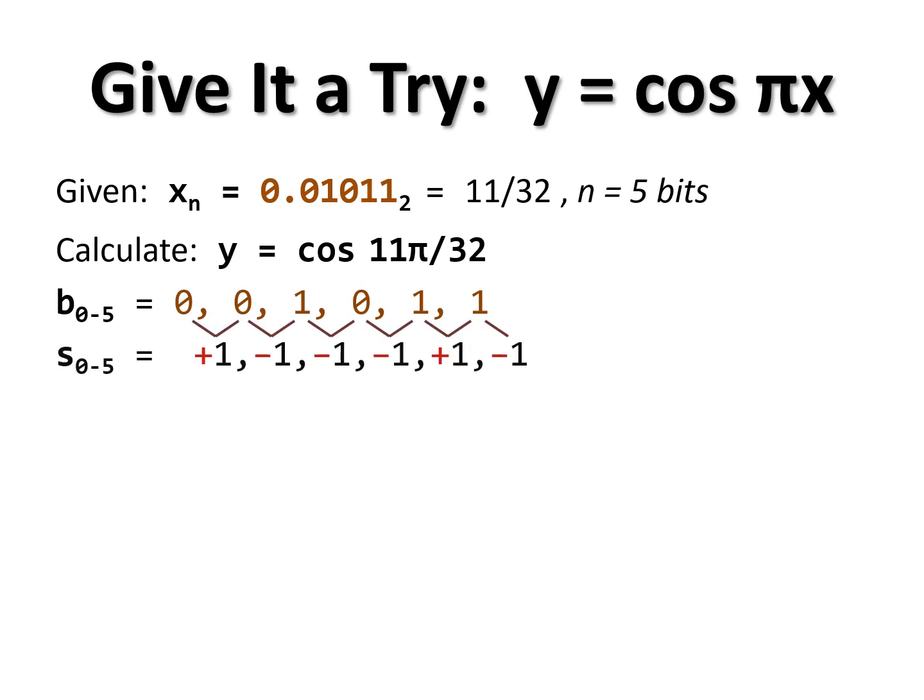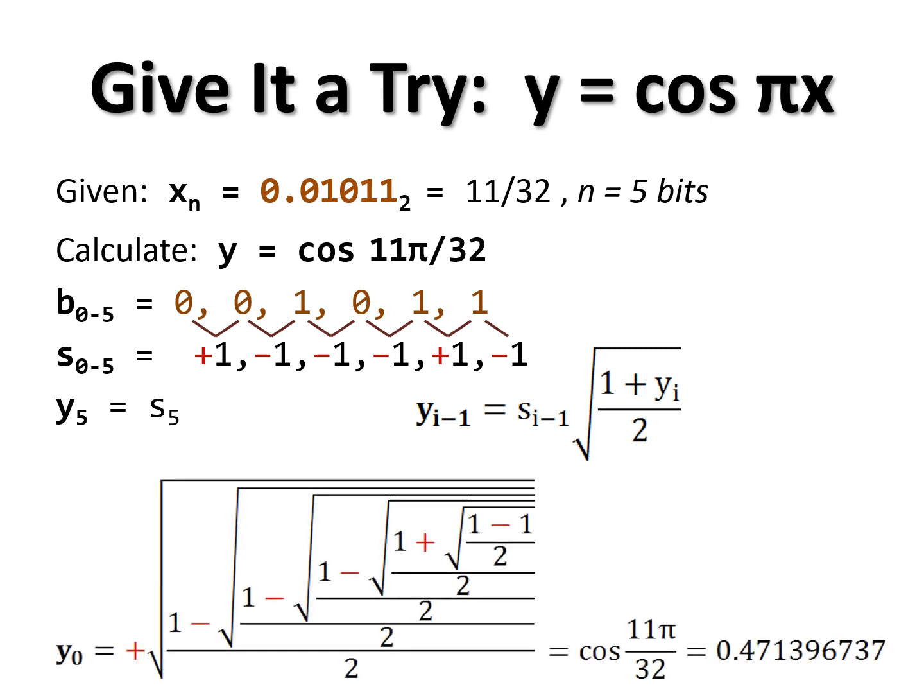We take the bits, do the exclusive OR transformation of adjacent bits, giving us plus, minus, minus, minus, plus, minus. We apply that to the recurrence for y as i goes from 5 down to 0, generating this square root tower. And that is the exact algebraic representation of the cosine of 11 pi over 32.